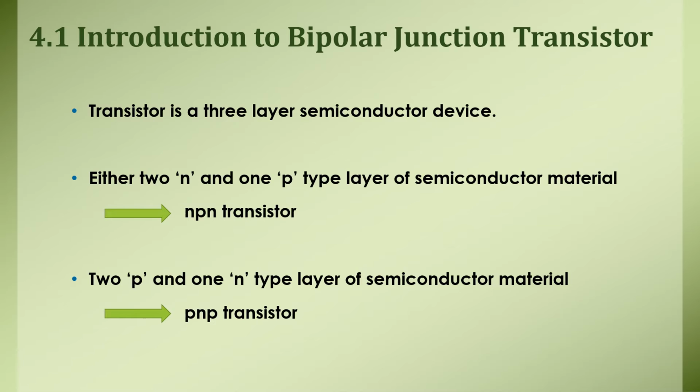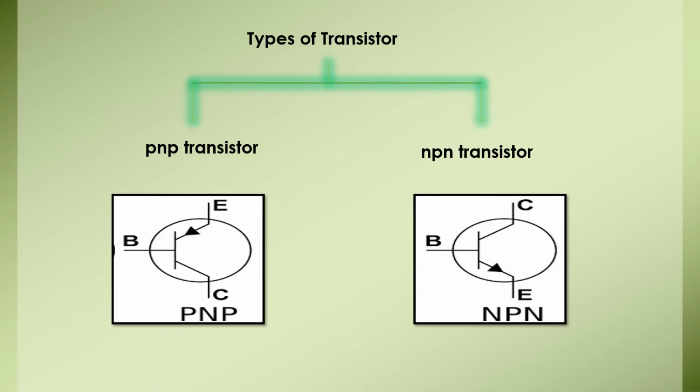Means transistors are of two types: first, the NPN transistor, and second, the PNP transistor. These are the types of transistor.